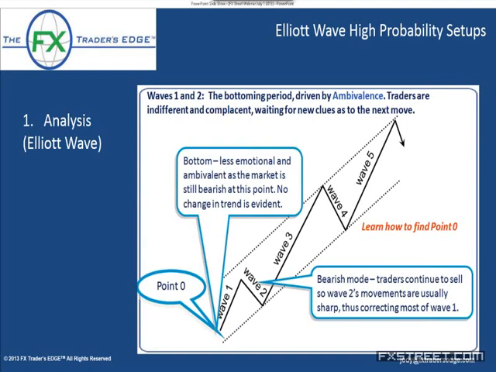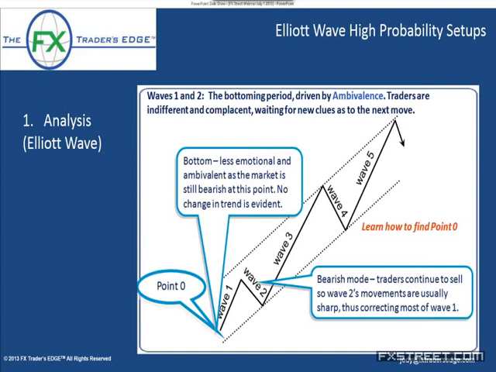There are no momentum clues yet for a change in the trend. The price action is less emotional. There's little or no volatility, as the traders are still bearish at this point. So market participants are really still in sell mode since no change in trend is evident.